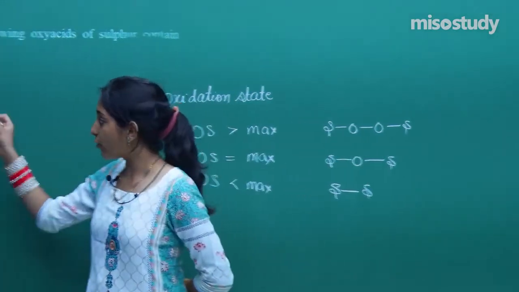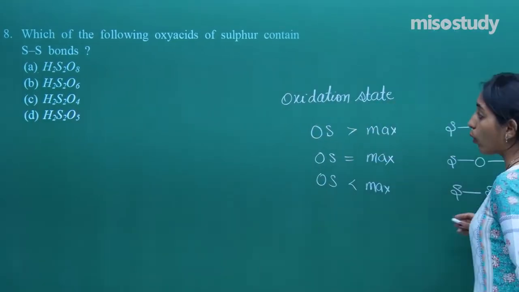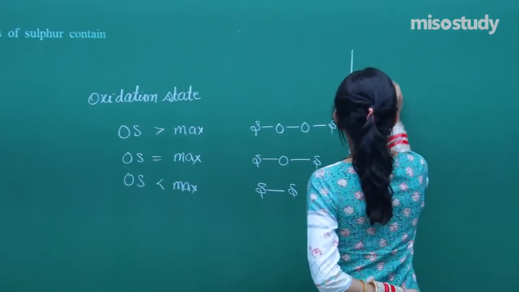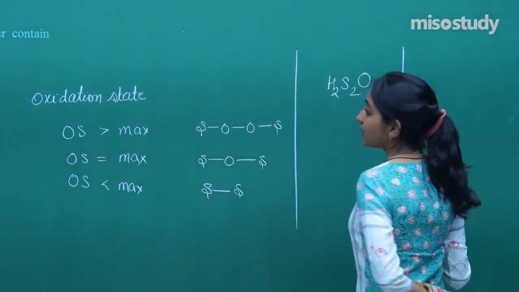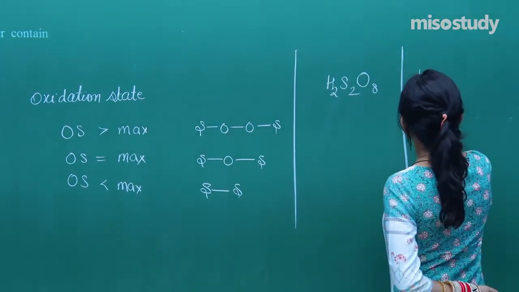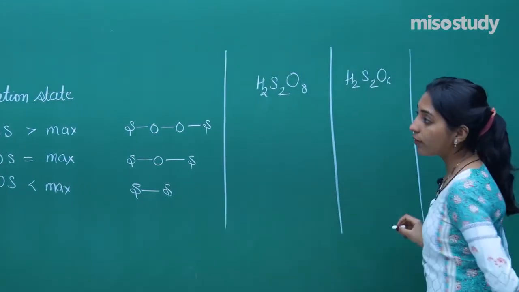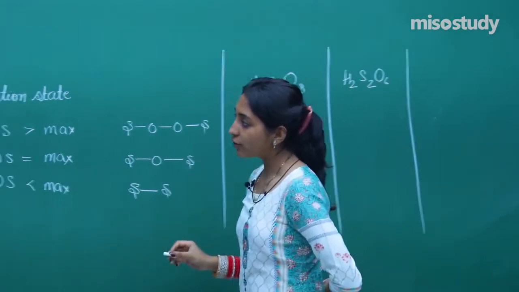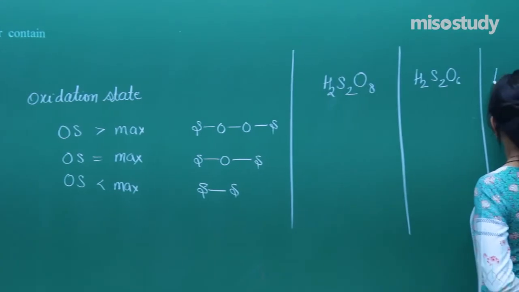Okay, let's try to do all of them one by one. First, let's do H2S2O8. The second is H2S2O6. The third that we will solve is H2S2O4 and H2S2O5.